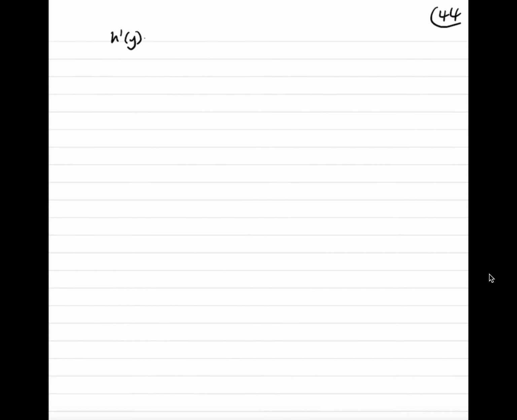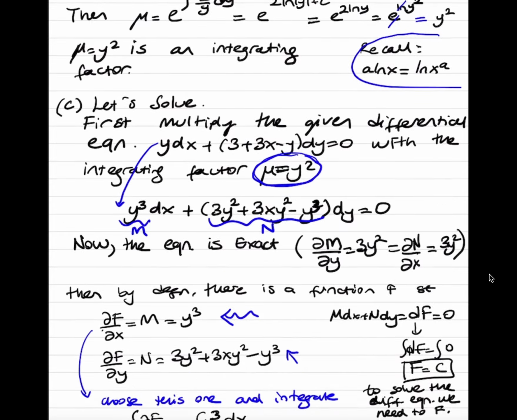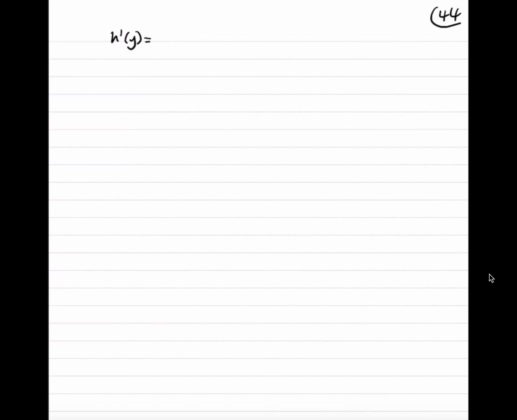So h prime of y is 3y square minus y cube, and then we will just integrate. Then h of y is equal to 3y cube over 3 minus y to the power 4 over 4 plus, let's write c1.